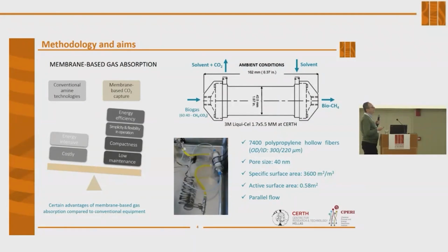We need to remove carbon dioxide into the solvent and have biomethane almost intact, not lost in the solvent, ending up at high concentration at the exit of the fibers.